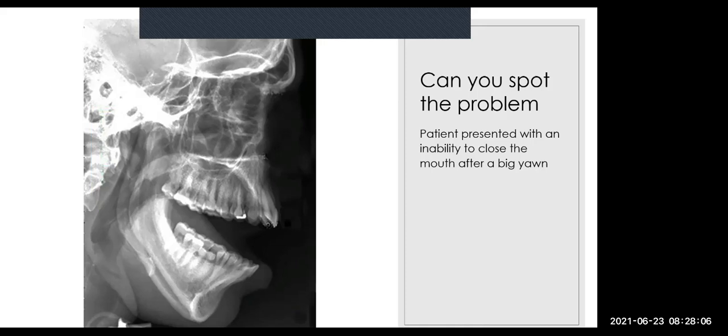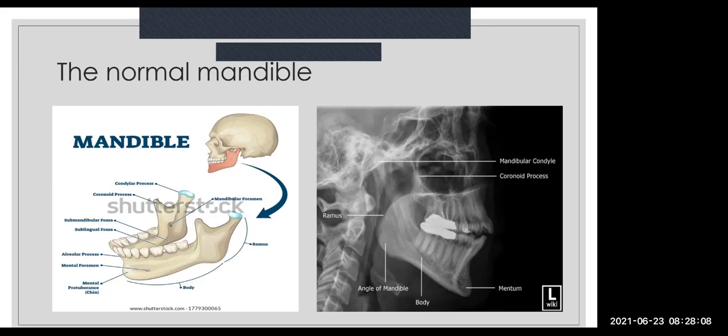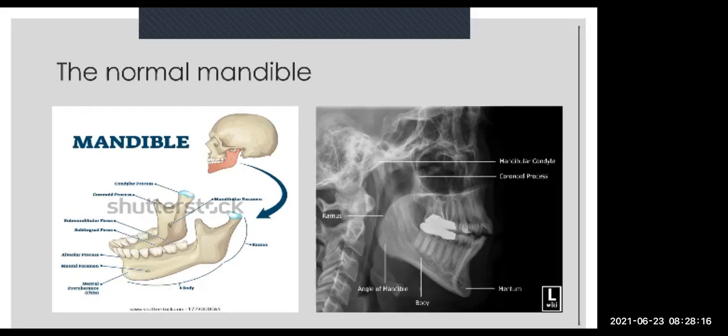All right, so let me just show you again. This is what we're basically talking about: the mandibular condyle and the coronoid process. You can see how both are linked to the joint of the jaw to the skull, or to the face itself. Just remember that this is the normal look of it.